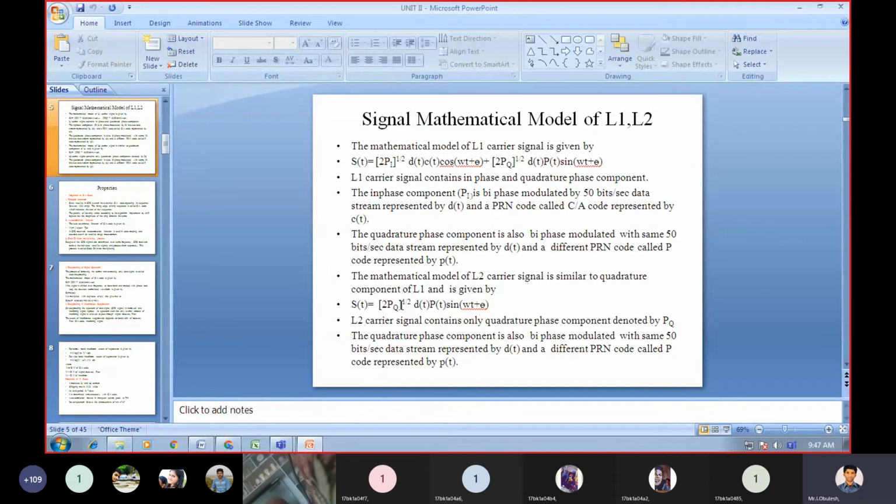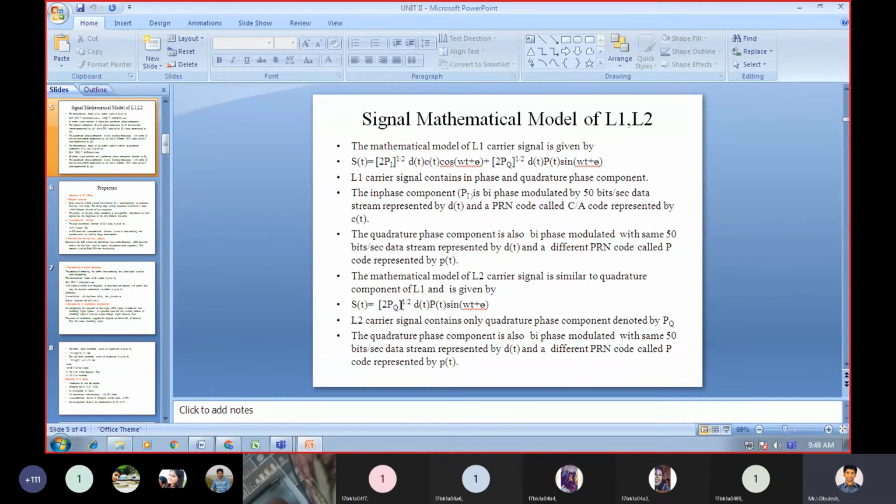This L2 carrier signal contains only the quadrature phase component, denoted by P_Q. We already discussed it in the L1 carrier signal.